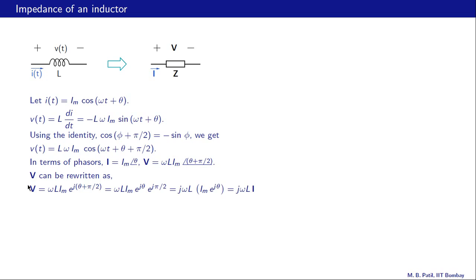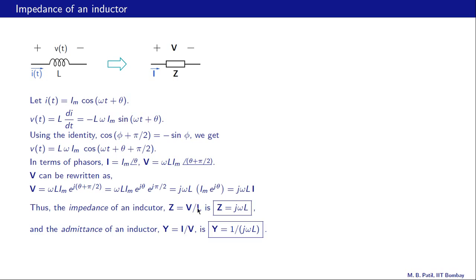And V can be rewritten as omega L Im times e raised to j (theta plus pi by 2), that is omega L Im e raised to j theta times e raised to j pi by 2. This is nothing but j, so that becomes j omega L times Im e raised to j theta, and this quantity is nothing but our phasor I. So finally we get phasor V equal to j omega L times phasor I.